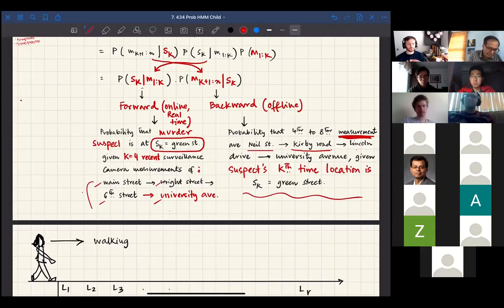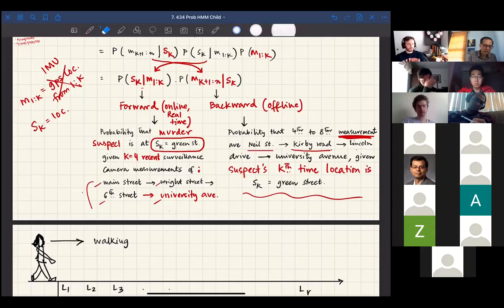So basically, I'm saying that imagine the measurements are GPS locations from 1 through K. If you think of that as measurements, and if you think of S_K as also locations, so this is a case where the measurement space and the location S_K space is the same, right? If you take another measurement where the measurements are IMU, then that IMU space and the S_K space is not the same. So I'm giving you an example over here of this murder where the measurement space and the S_K space is the same.